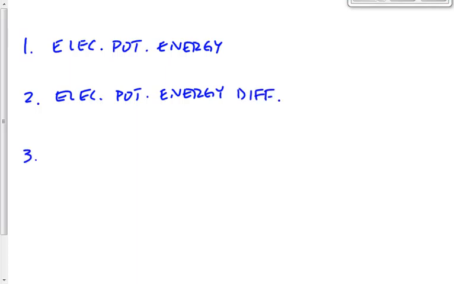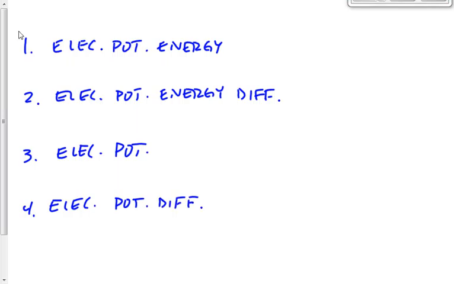Well, then we talked about electric potential. Sounds like almost the same thing as number 1, right? Electric potential energy, electric potential. They are almost the same thing, but not quite. And then, of course, the fourth one we talked about was electric potential difference.